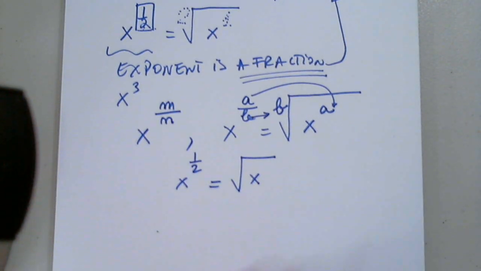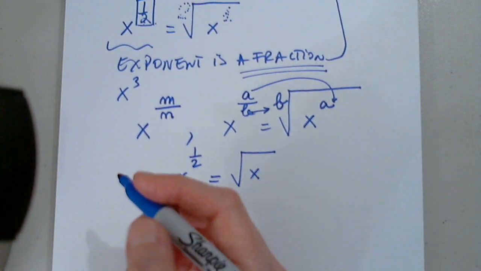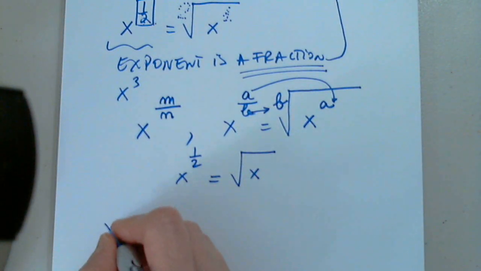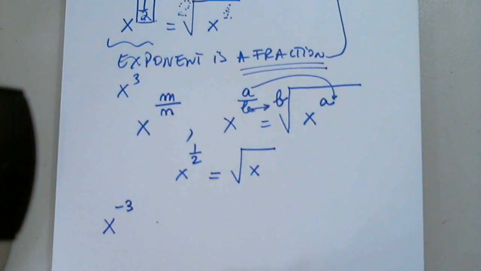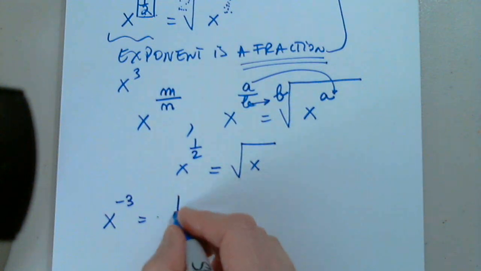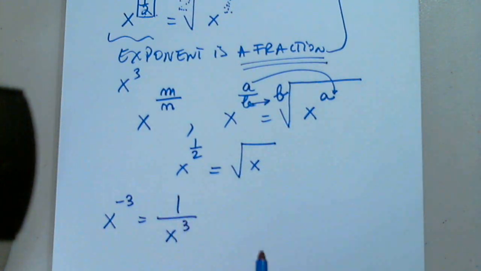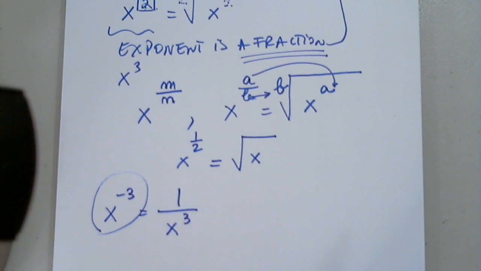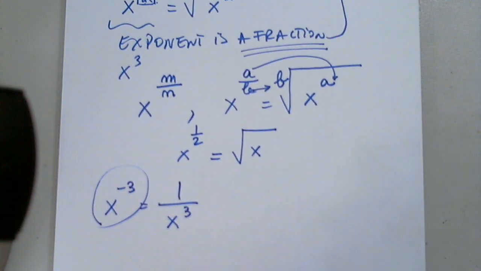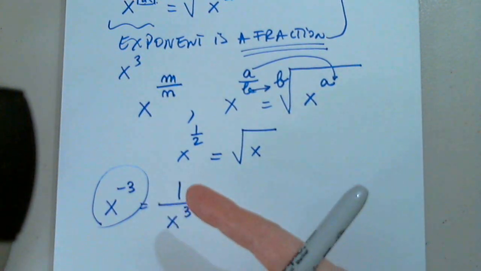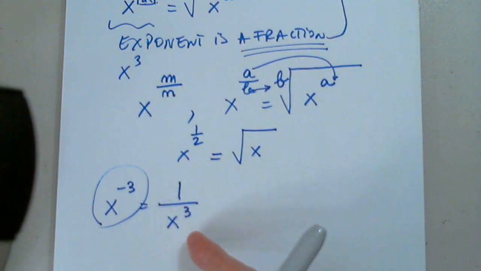The other rule that I like to mention here is, let's say x to negative 3. X to negative 3 is 1 over x to the third. When you see something like this, please don't say it's negative. No. If the power is negative, this changes into 1 over that expression to the positive power.